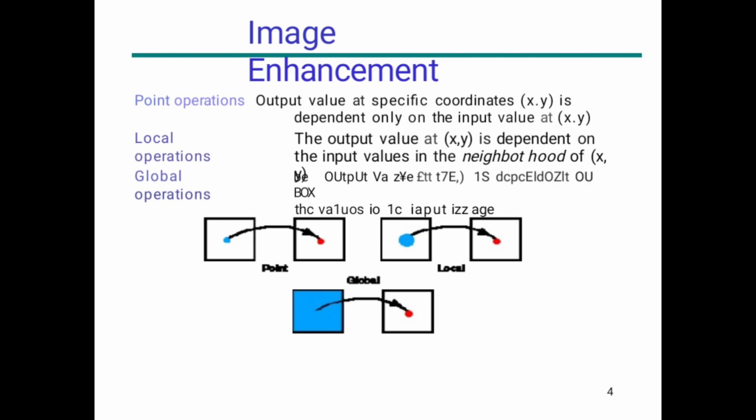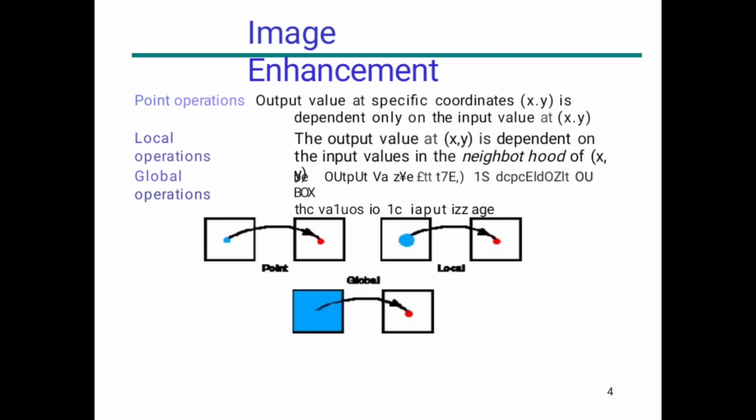Example, for a 4x4 image, we have 16 pixel values in rows and columns. Each and every pixel value is modified using some transformation, that is called point operations.